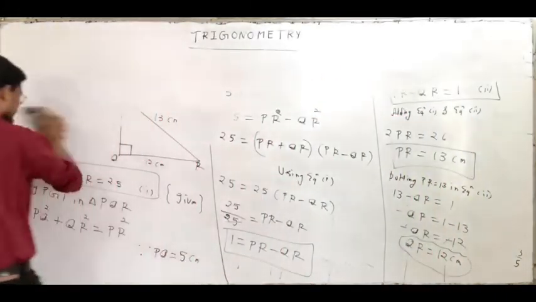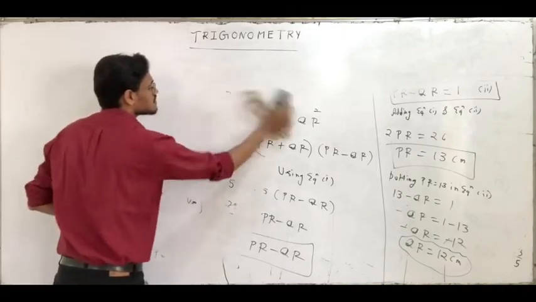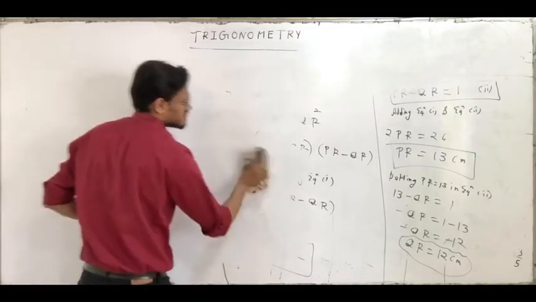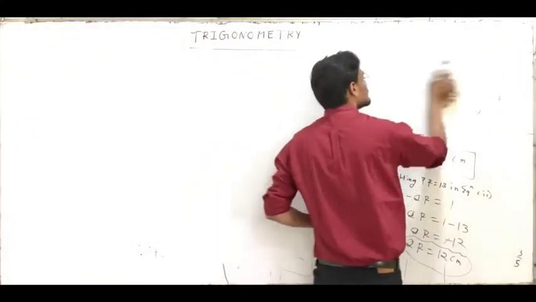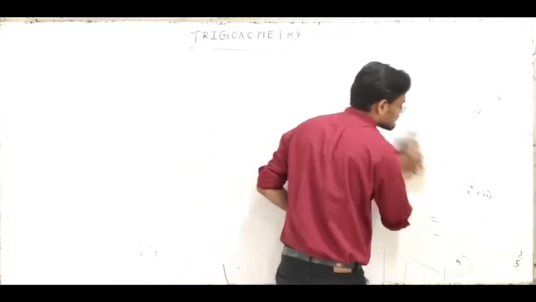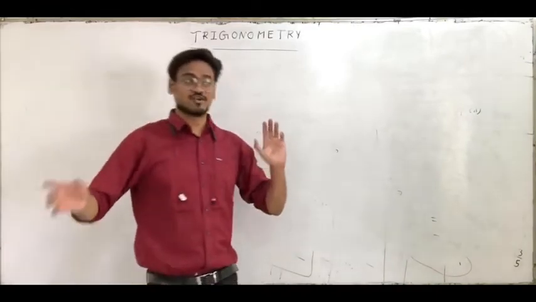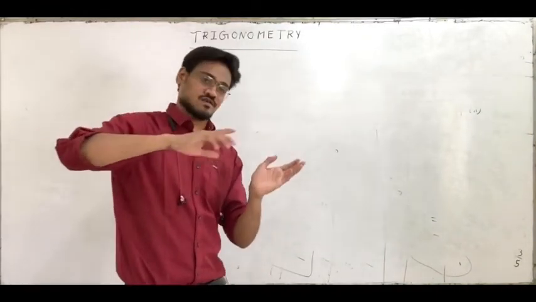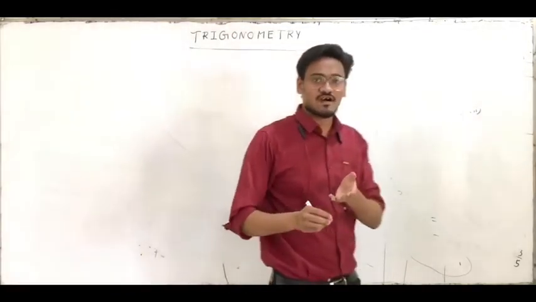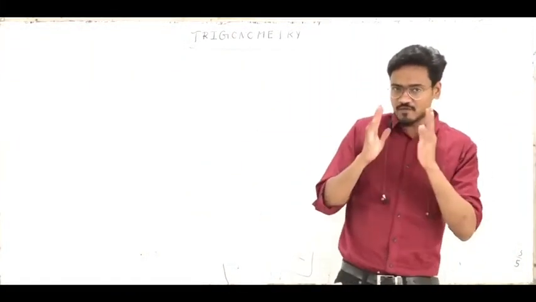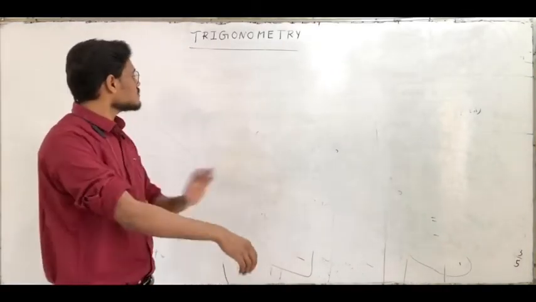Now we will have two more questions based on the basic trigonometric ratios introduction. In the next lecture, we will be dealing with the trigonometric ratios of some specific angles. As we discussed, trigonometric ratios are defined for all values of theta, and in 10th class we are only discussing the first quadrant, that means angles lying between 0 to 90 degrees.